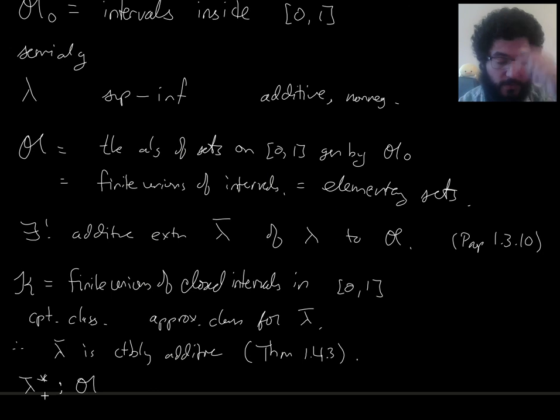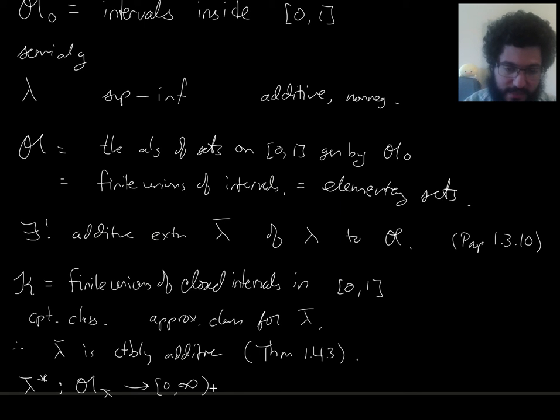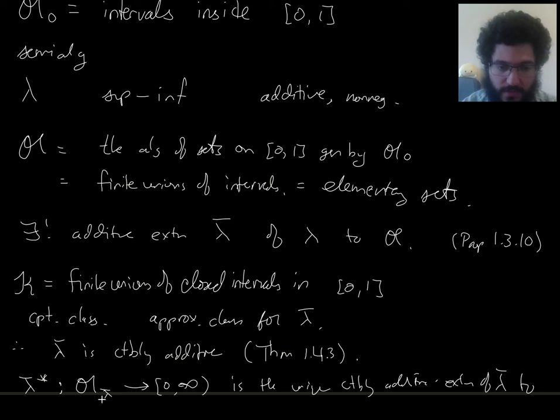Outer measure is always defined on arbitrary sets, but if we restrict it to only be defined on the collection of lambda bar measurable sets, I would use this notation for that collection, then this is the unique countably additive extension of lambda bar to this.